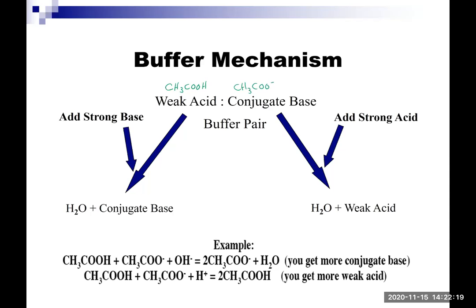And we could put these two species in solution by starting with acetic acid, putting it in water, and we know that we would get the conjugate base of acetic acid, which is acetate, and H3O plus.